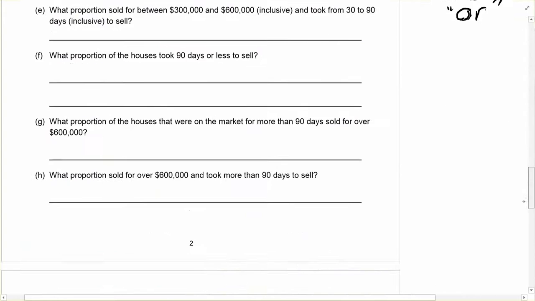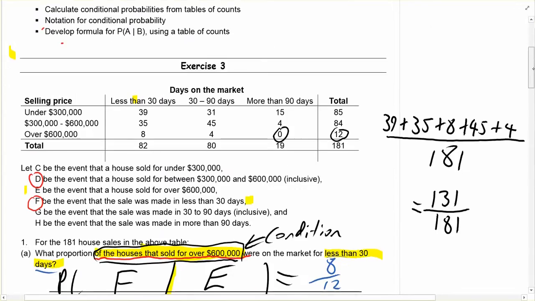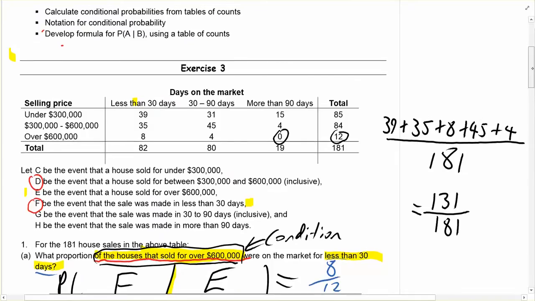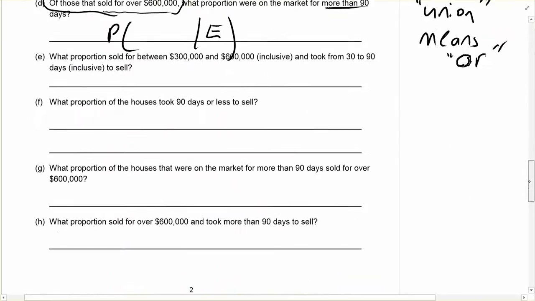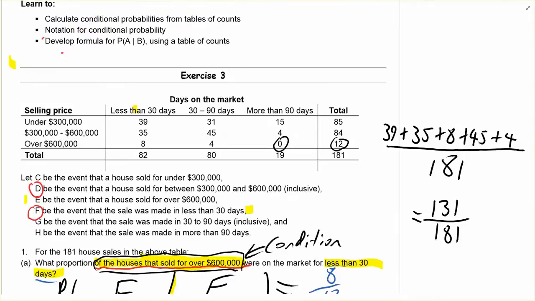So the probability, given it sold for over $600,000, so that's E, what's the probability it was on the market for more than 90 days, which is H, and the answer is 0 out of 12.